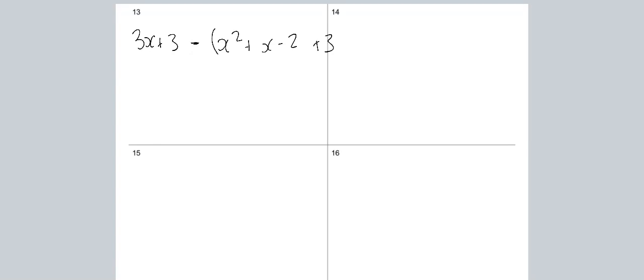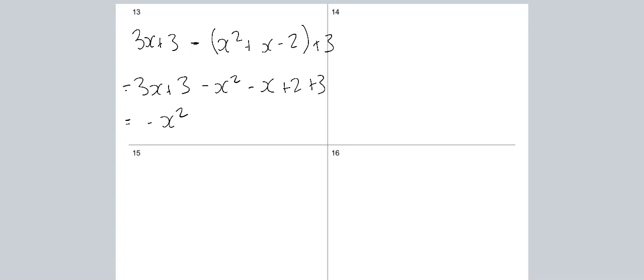So we need to put the brackets in to tell BODMAS, or to be using BODMAS to say these three terms are kept together. So the next line would be 3x plus 3 minus x squared minus x, and then minus 2 is plus 2 plus 3. And then finishing it off. As a matter of standard practice, if it's just one variable, have it in descending powers of x with the highest power of x on the left. So I would say that's minus x squared.